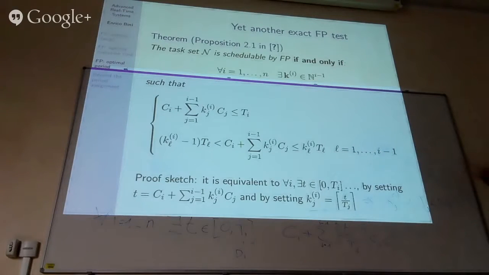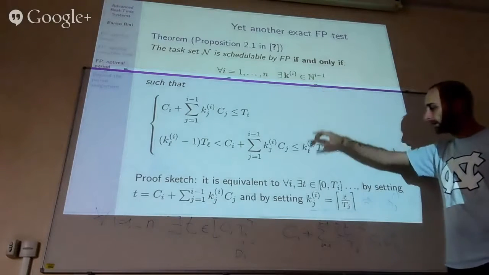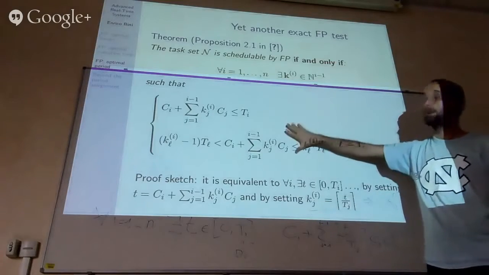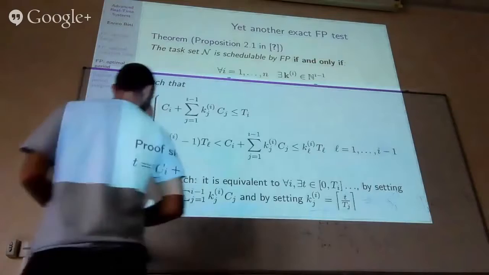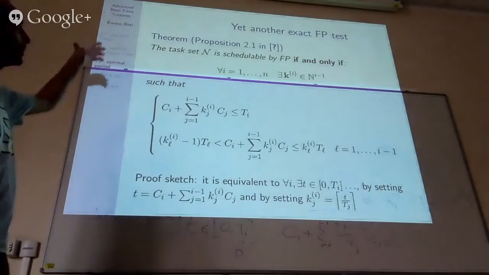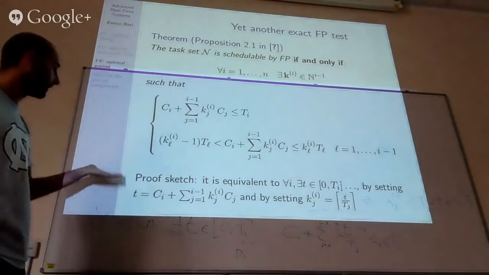To make the long story short, I don't want to enter into the details of the proof, but the point is that by choosing the K in this way, those K satisfy also this property. The other implication is that we have K's and we have to find the T. How do we choose T?